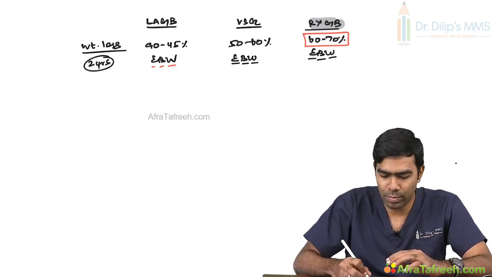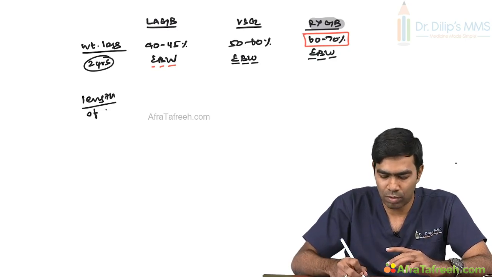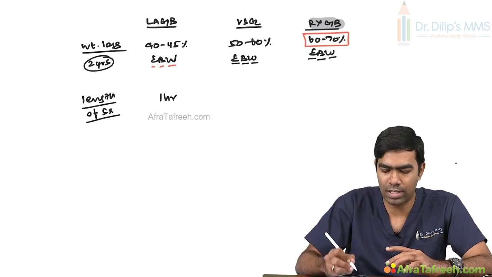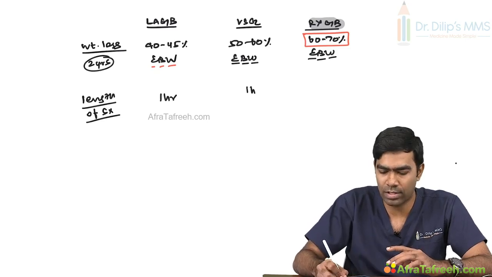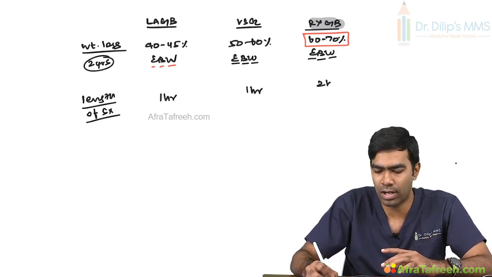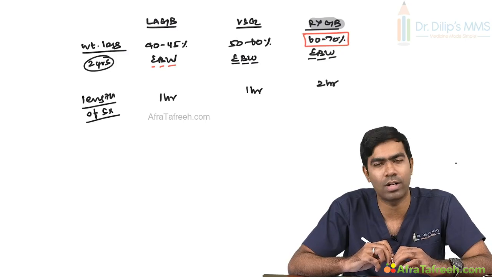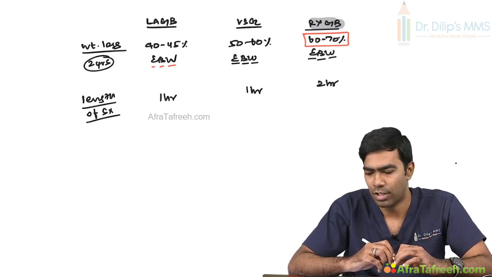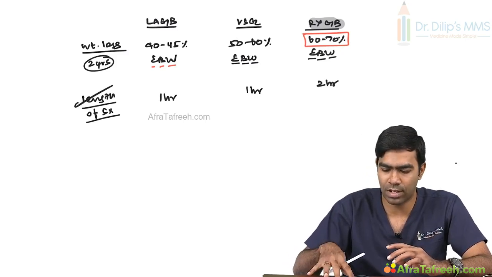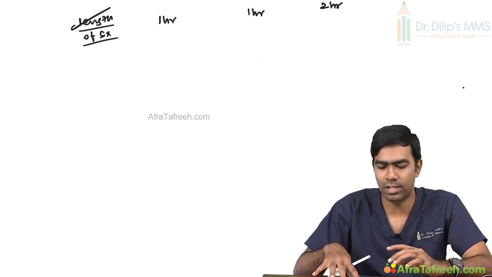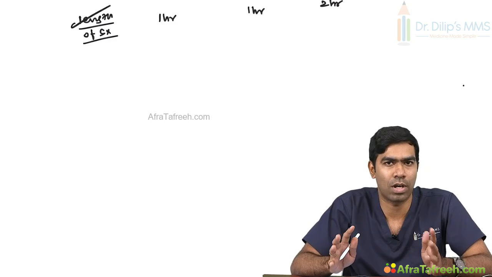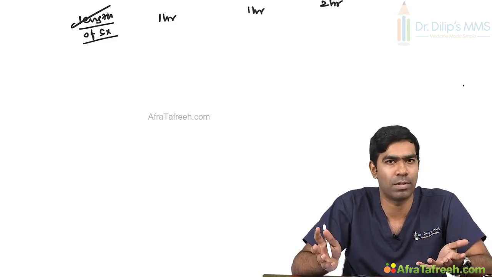And what is going to be the duration of surgery? The length of surgery for LAGB is approximately 1 hour, vertical sleeve gastrectomy is approximately 1 hour, and Roux-en-Y gastric bypass takes a little bit more time, and you need a longer general anesthesia of approximately 2 hours. Again, this length of surgery is completely dependent on the surgical expertise, so it depends on the surgeon.